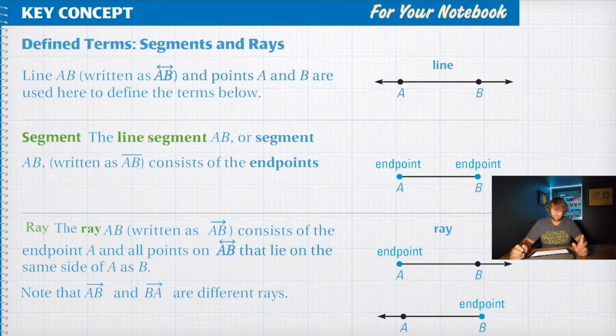When you're naming a ray, you start at the endpoint and name it in the direction that it's going. So ray AB starts at A and it goes forever through B, on through eternity, and keeps going. And same for ray BA, it starts at B and it goes on through A for eternity.